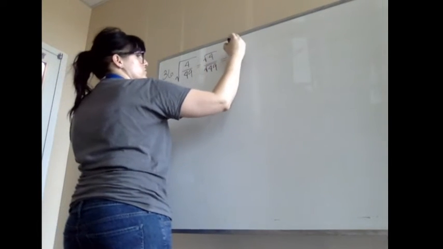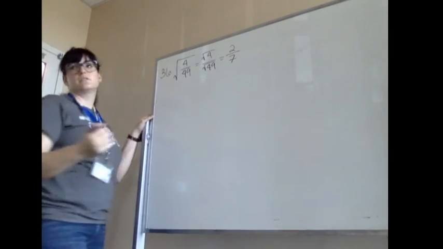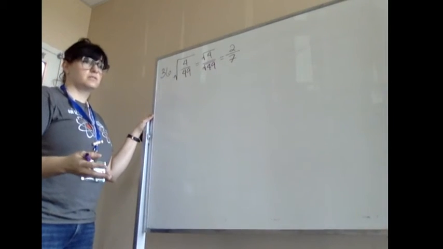Square root of 4 is 2, square root of 49 is 7. Does that make sense? Yeah.